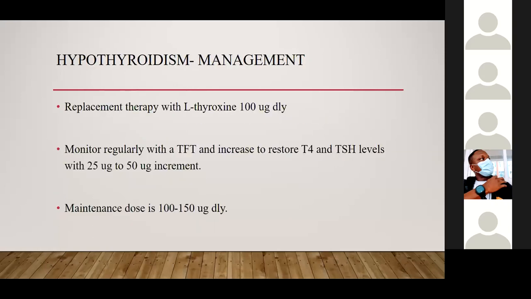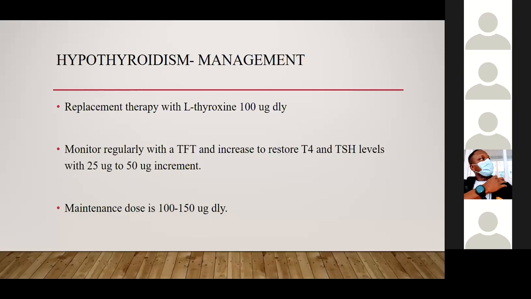One, just know that hypothyroidism means that you have a diminished amount of thyroid hormones, T3, T4. Two, know that it can be primary or it can be secondary. Three, know the clinical features, and usually it's basically due to slowness of your metabolism.